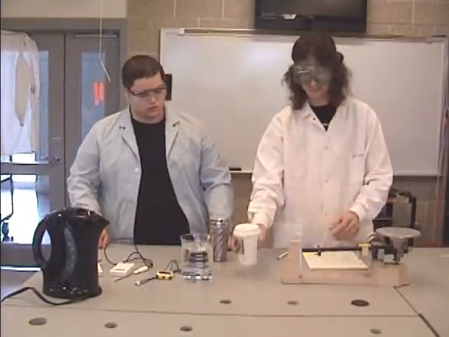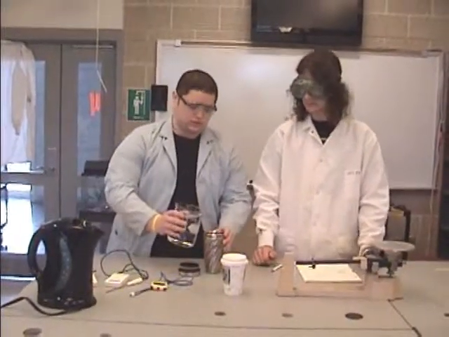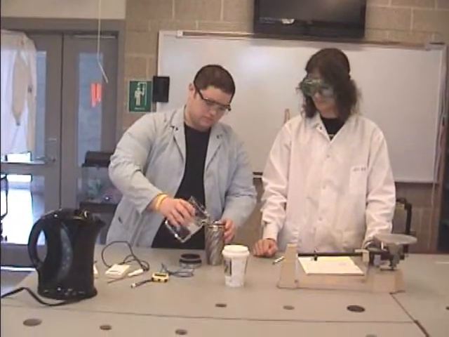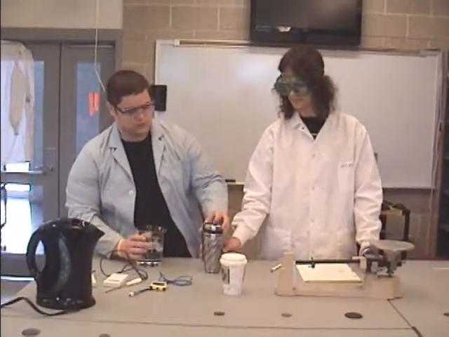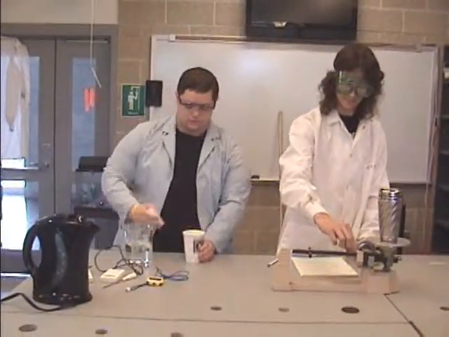The next step is to pour cold water into each cup, enough to fill it all the way up. Put the lid back on, and we're going to take the mass of each cup again and record them.